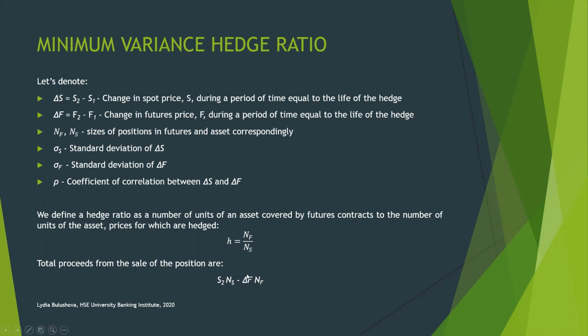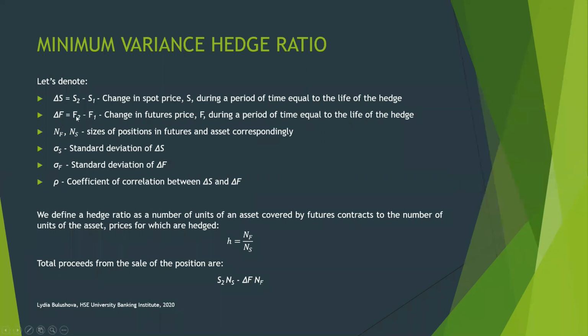minus delta F. What's delta F? The difference between the final price of our futures contract and the initial price. We purchased our futures contracts at price F sub 1.